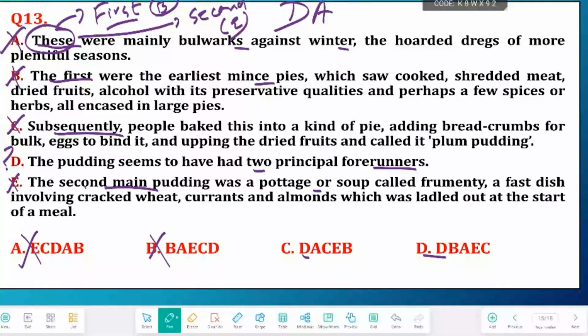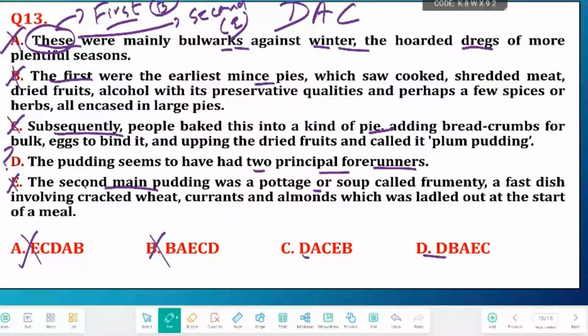The pudding seems to have had two principal forerunners. कौन से two principal forerunners हैं? These were mainly bulwarks against winter, the hoarded dregs of more plentiful season. So D के बाद A के बाद C. Subsequently, people bake this into a kind of a pie. Okay, fine. उसके बाद E आएगा.